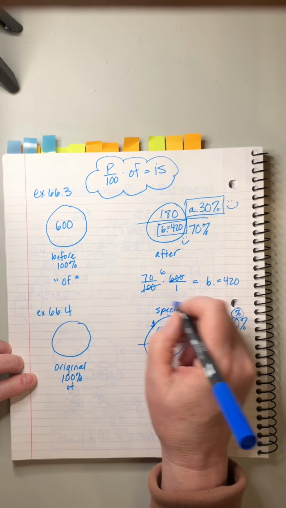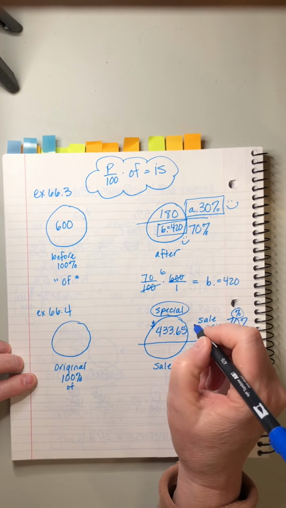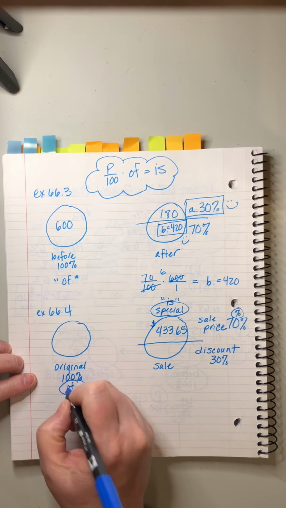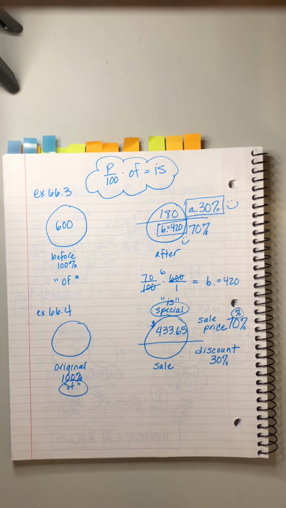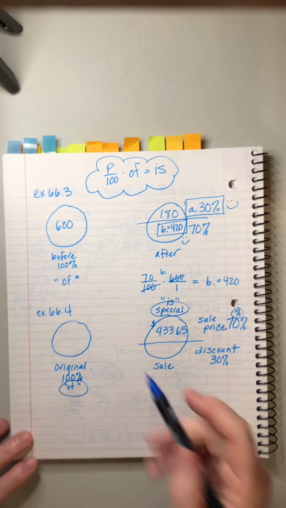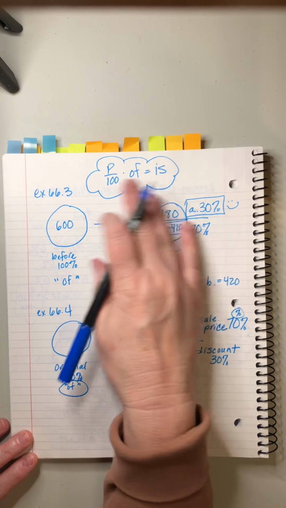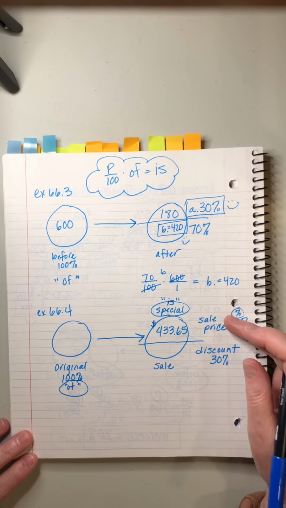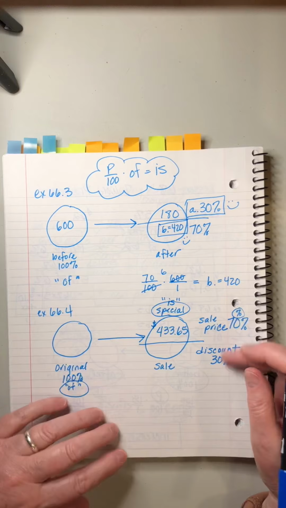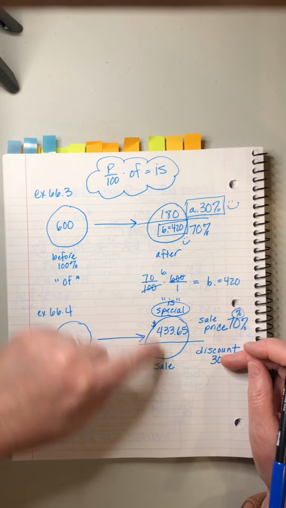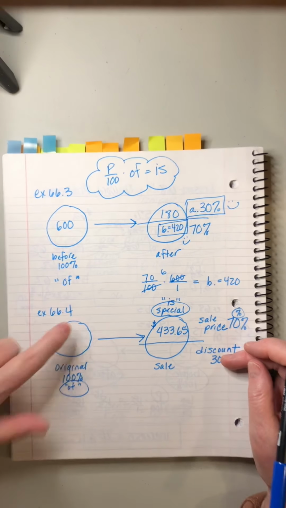Okay, so those are the three, or the is. And there's our of. That's always going to work in these problems. That's how we can find the numbers we need for the formula. The percent is over here, depending on which group we're interested in. The is group goes into one of these blanks, and the of group is what we start with, always.